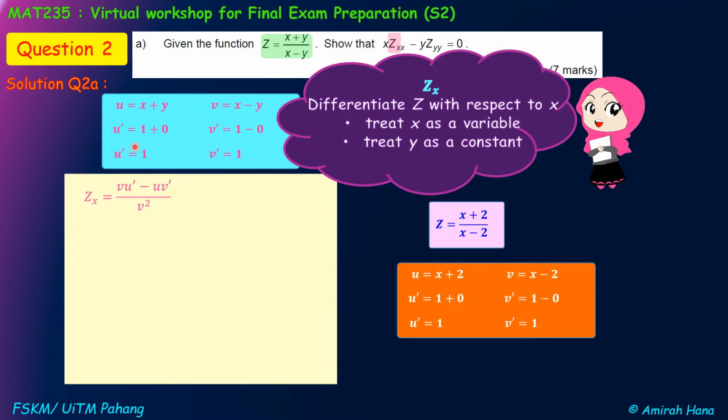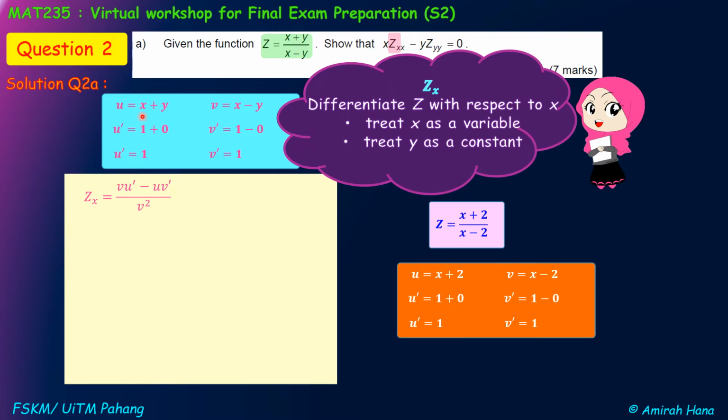Then we differentiate u, so the symbol becomes u prime. Remember, when we find z_x, we treat x as a variable, and at the same time we treat y as a constant.